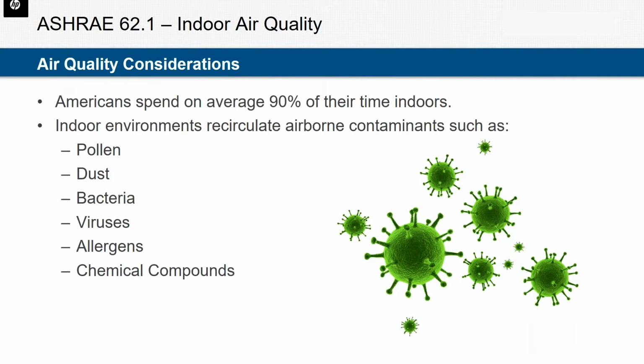Compared to the outdoors, we are far more exposed to pollen and dust and bacteria that doesn't necessarily exist in the fresh air that we would find outdoors. There are also a lot of unique pollutants from, say, building materials and chemicals of furniture or other equipment within a room that you won't find outdoors.